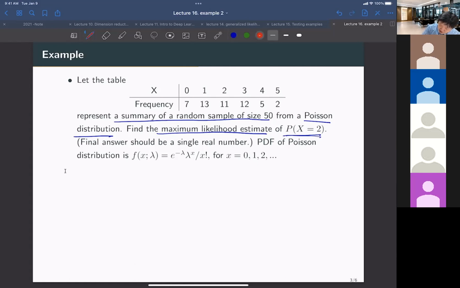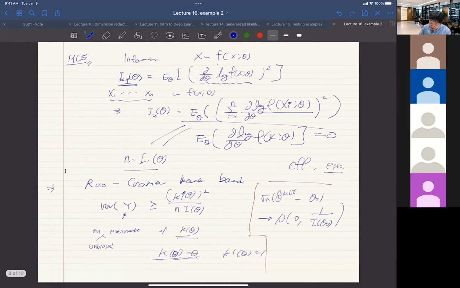So in MLE, I forgot to mention that, let me write down: eta is a function of theta, a parameter. The MLE of this eta is the same as k of the MLE. The proof is not that difficult if you look at the definition of the MLE.